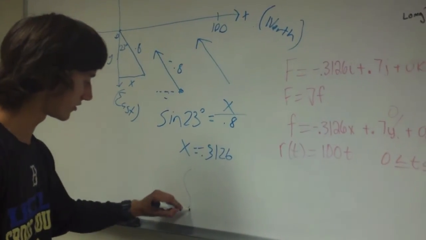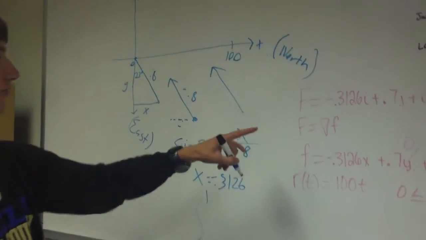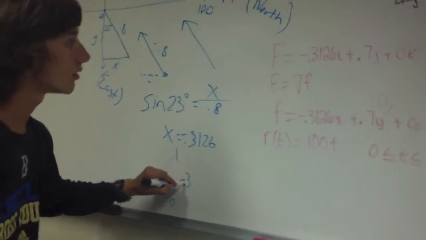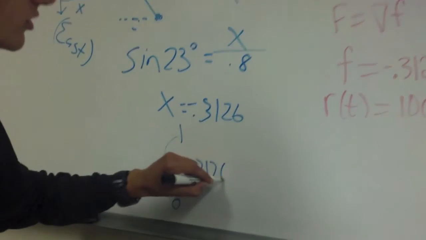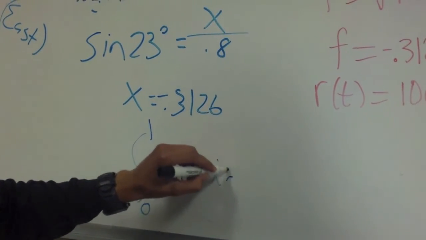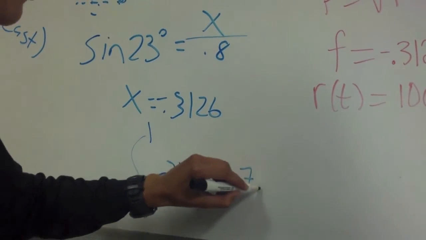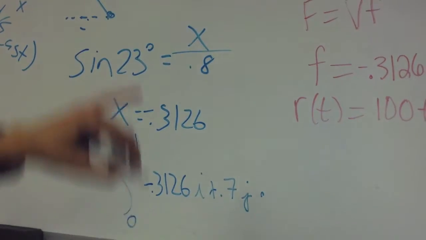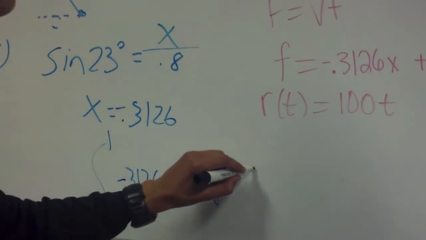So it's the integral from 0 to 1 of negative 0.3126 i plus 0.7 j dotted with dr.